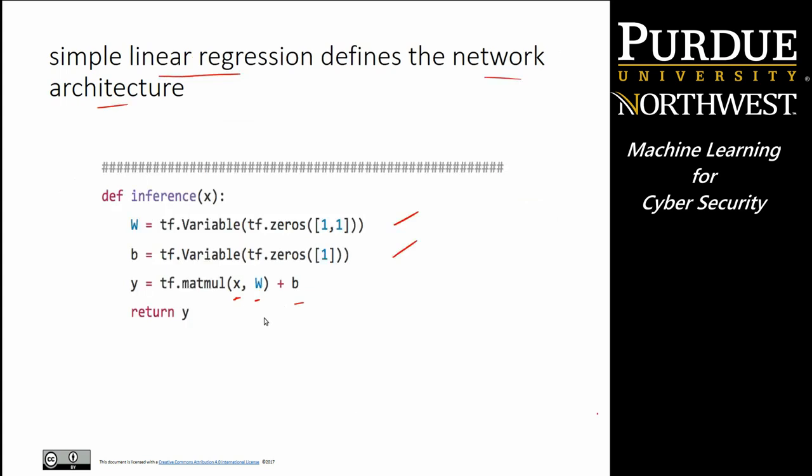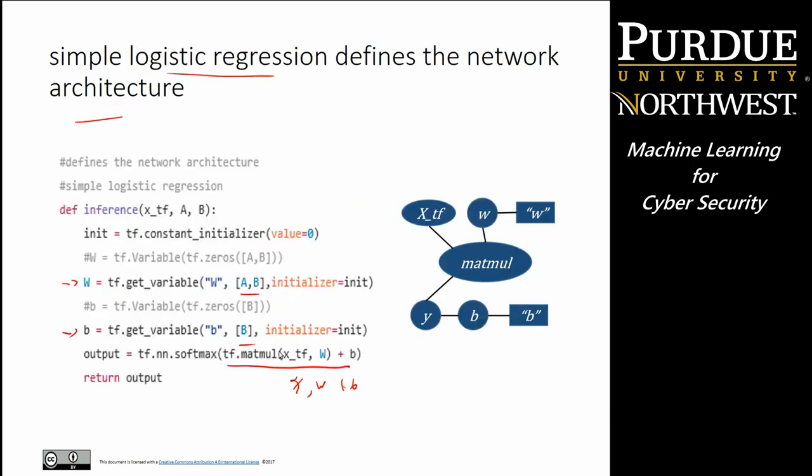So that's the previous one. xw plus b, a matmul operation, except this predicted a real valued number, right? And our architecture was very simple. We just had that. Now we have the complex architecture of A and B here, right? So we're taking into account the number of features in the input layer and the number of classes in the output layer.